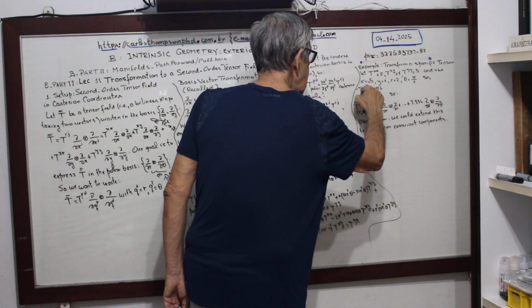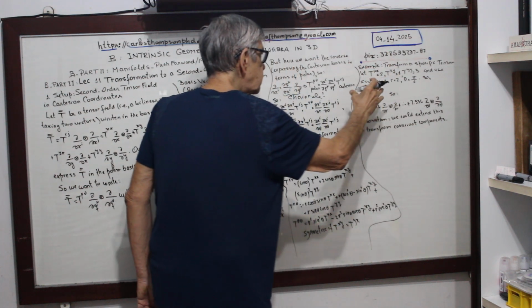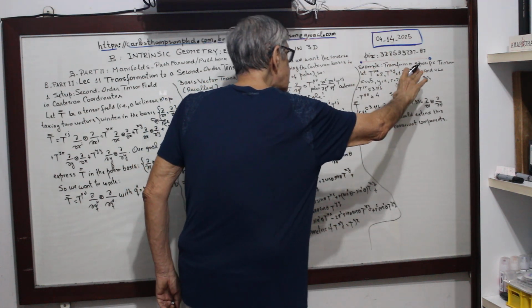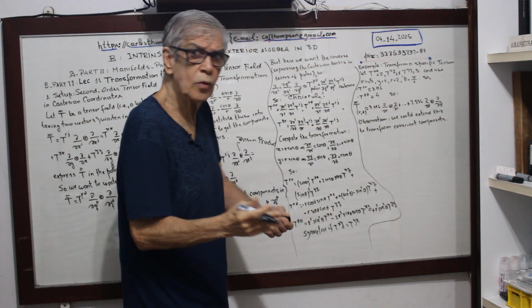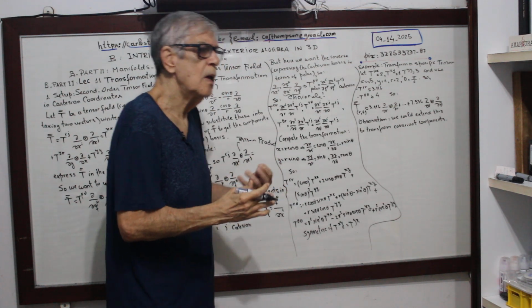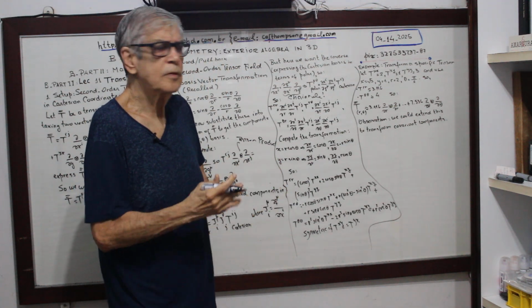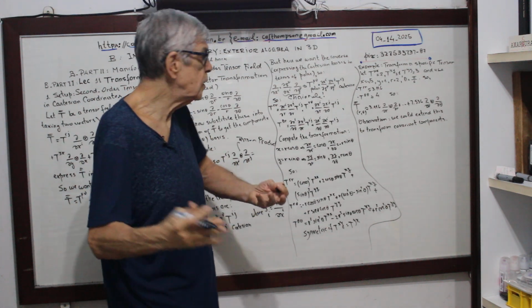I must know the data on the right hand side just to calculate the left hand side, which are the components of the second order tensor in terms of polar coordinates.